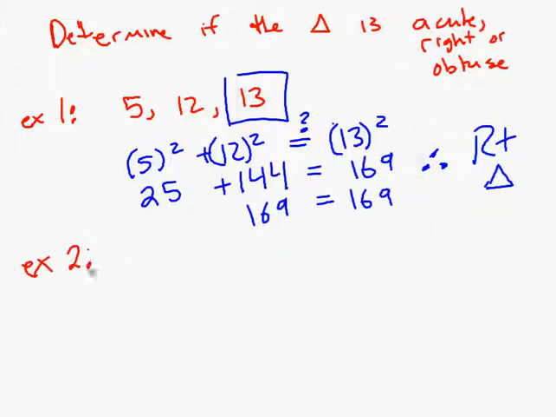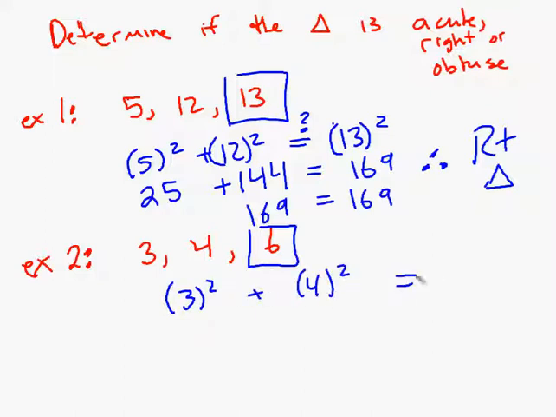Example 2. Let's say we have 3, 4, and 6. Okay, so we'll test it. This would be my hypotenuse. It's not always the last number, it's the largest side. So 3 squared plus 4 squared. And we're going to ask, does that equal 6 squared? Well, no. This is 9 plus 16.